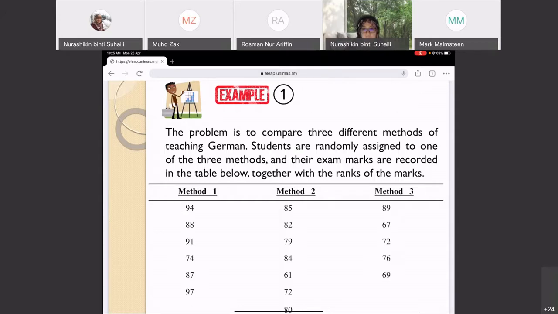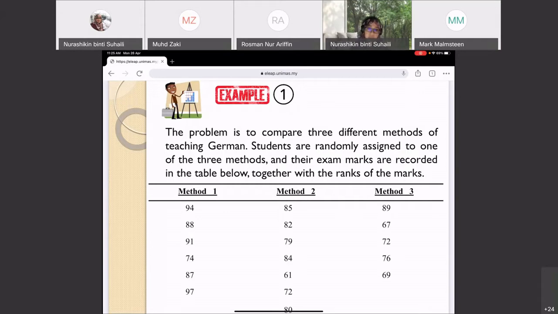The method of teaching German is the factor to be compared. All the samples are compared in terms of the method of teaching German. That is the factor in this problem.